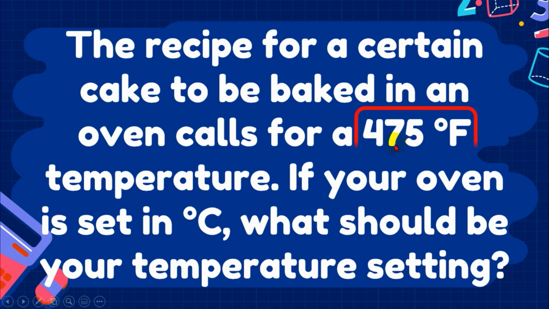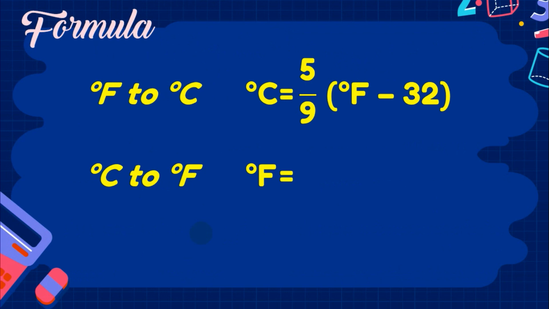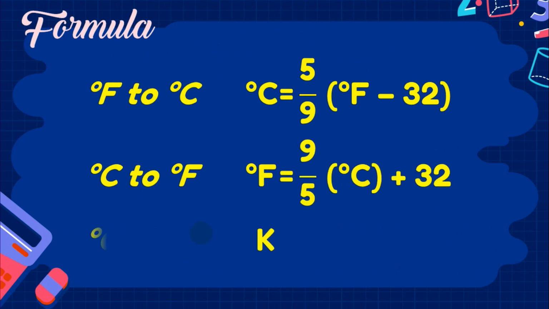So, yan yung mga given natin. Right? So, from 475 degrees Fahrenheit, hahanapin natin, i-convert natin siya into degrees Celsius. So, let's now show how we are going to solve it. The formula, of course, do not forget. Yan yung mga formulas natin.